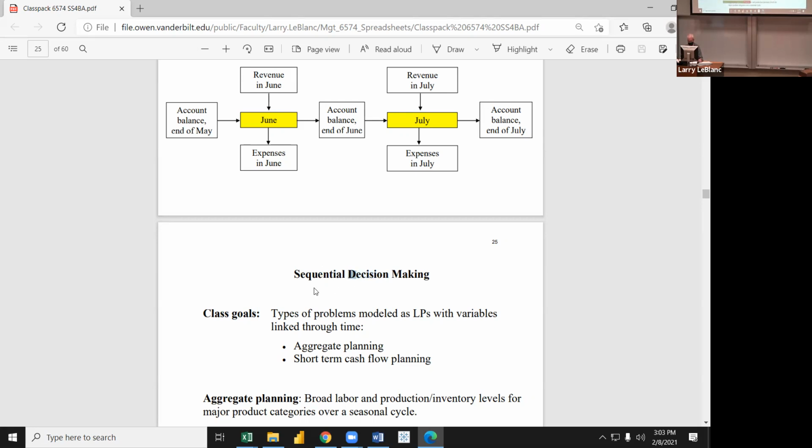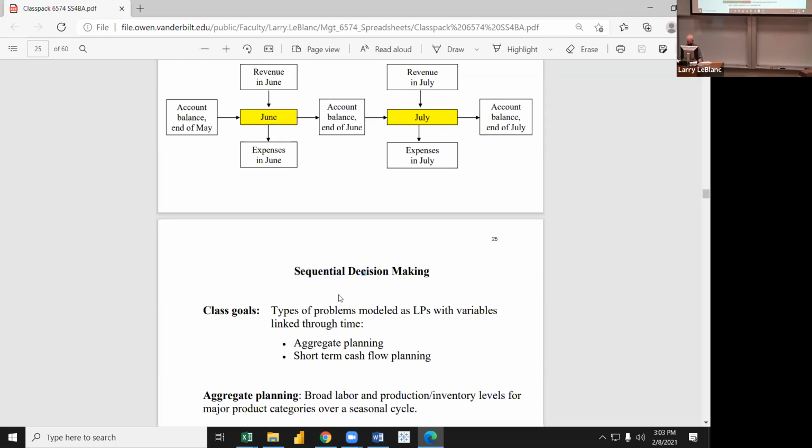Sequential decision making. If you're a finance concentrator, I urge you to pay attention to the next example and skim this example, and vice versa. If you are an operations concentrator, pay rigorous attention here and skim the next example.